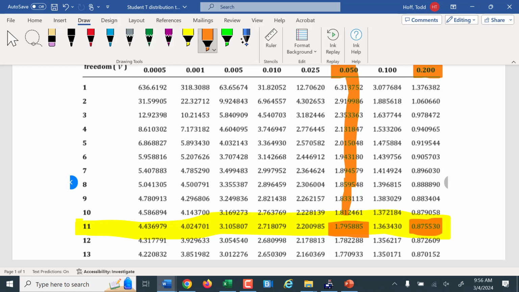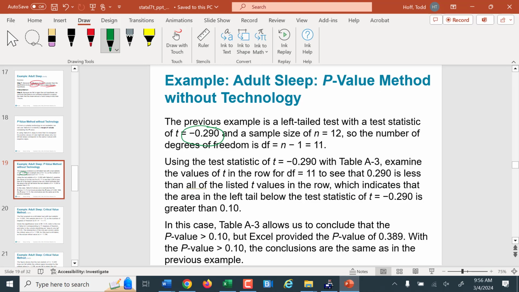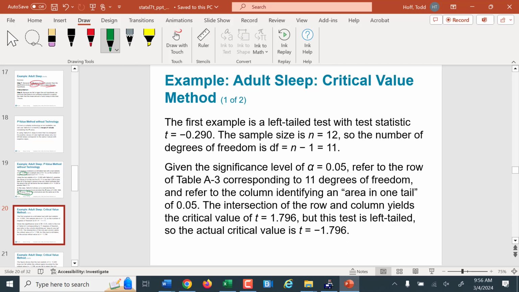Now I believe the one in the book doesn't go up to 0.2, it just goes up to 0.1. So our test statistic is smaller than 1.36, so we know the p-value is at least 0.10, which is all we really need to know. The p-value is not smaller than the level of significance alpha of 0.05, so we know we failed to reject. So using the table, we cannot get an exact p-value. We can just say that the p-value is, sorry, not less than, greater than 0.10. Therefore, we get that same conclusion of we cannot reject.